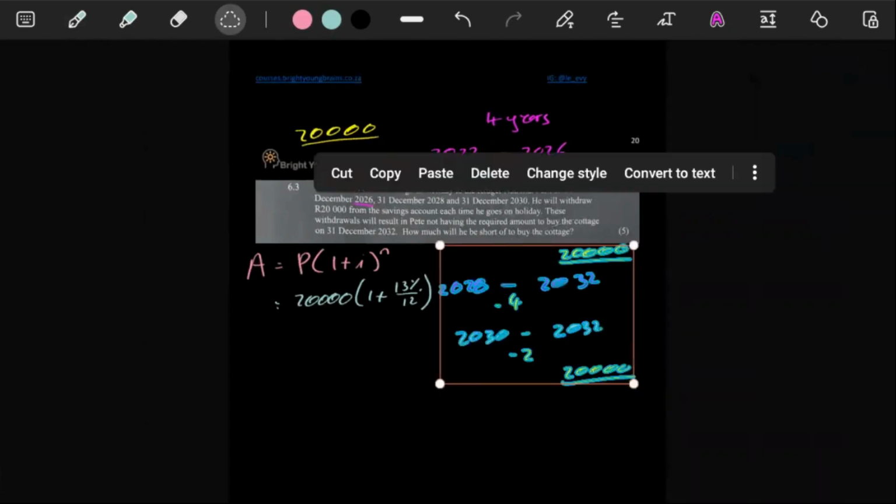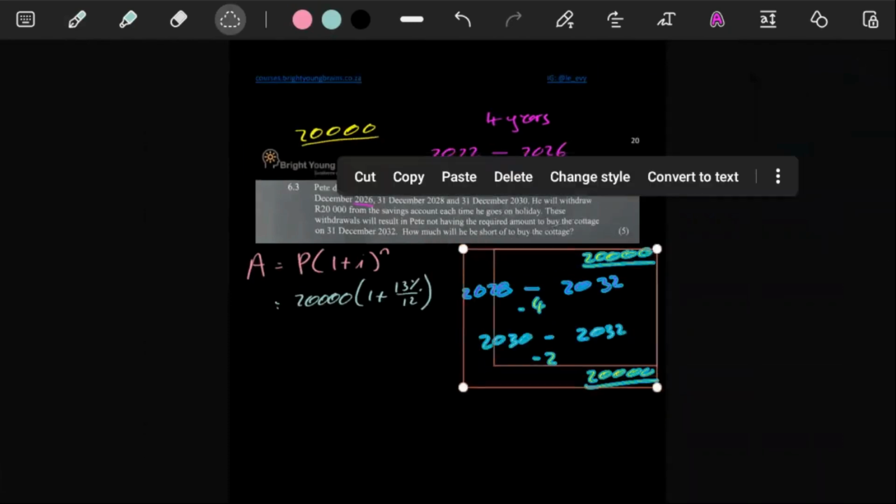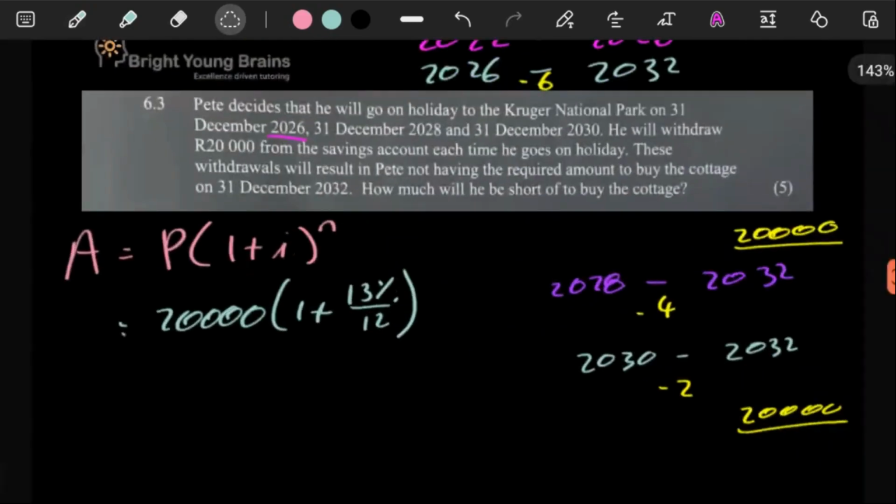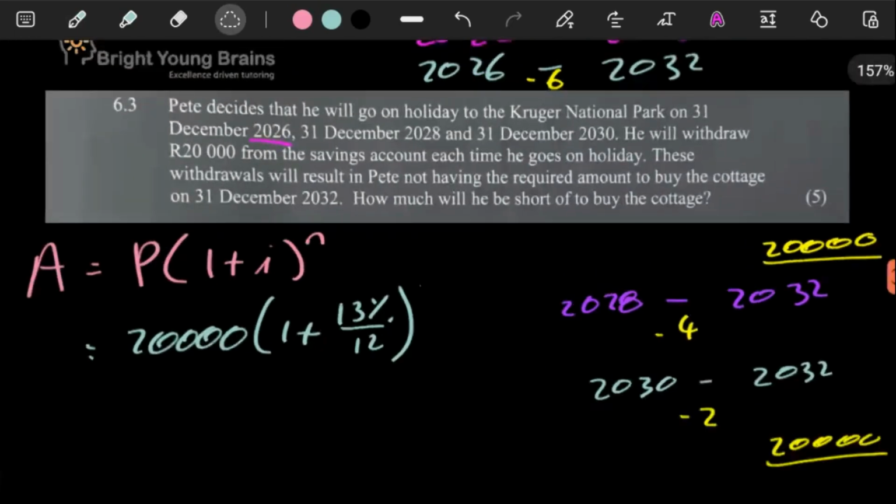Let's see what that is. 6 times 12 is like 72.